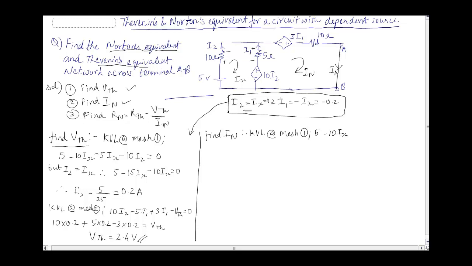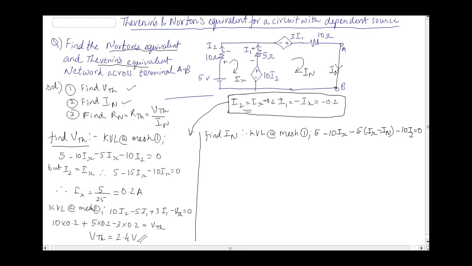So 10 Ix minus 10 Ix minus 5 Ix minus IN then minus 10i2 is equal to 0.